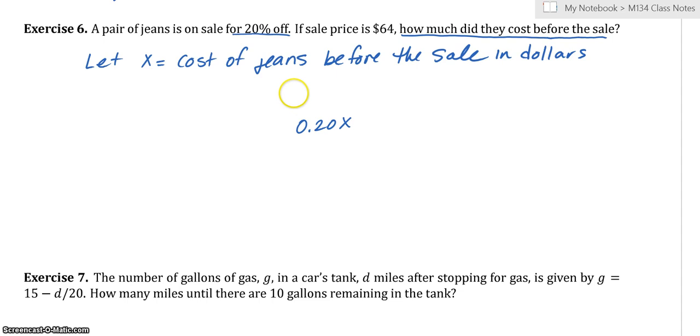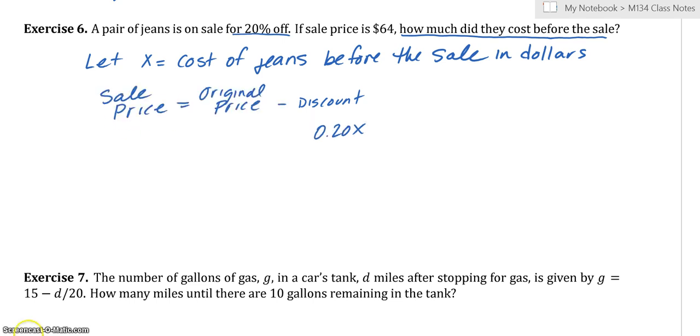And that's the discount. What makes this problem a little tougher is if they would have said the discount was, but they didn't. They gave us the sell price. So what is the sell price? Well, to find the sell price, I usually take the original price minus the discount. They tell us it's $64.